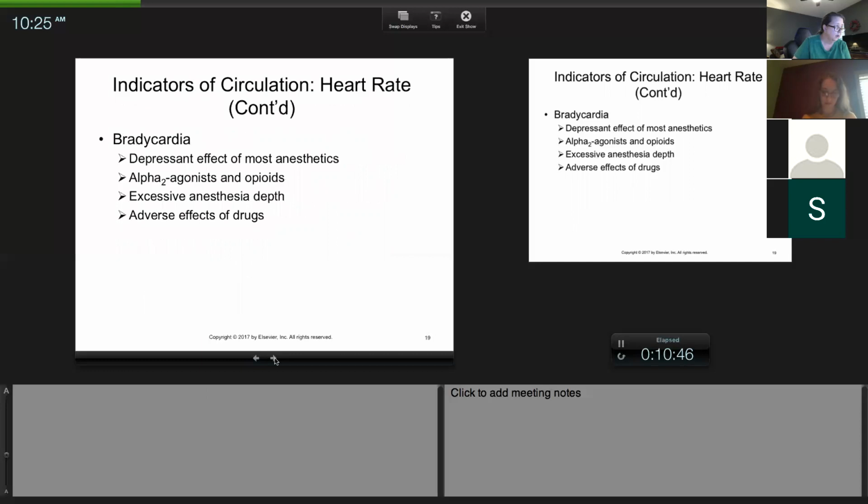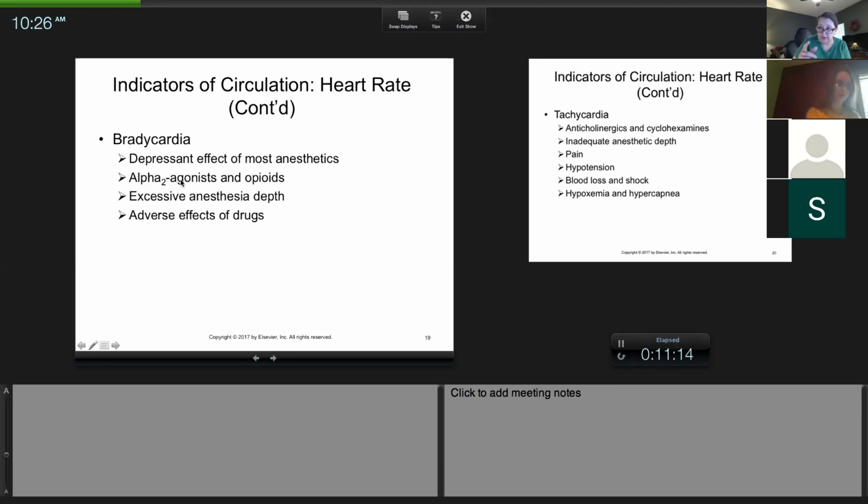Bradycardia. All animals that are anesthetized to some degree are going to be bradycardic, because all anesthetics depress cardiovascular function. Alpha-2 agonists and opioids are two drugs that can give patients an even lower heart rate. If they get an alpha 2, this causes the most severe bradycardia.